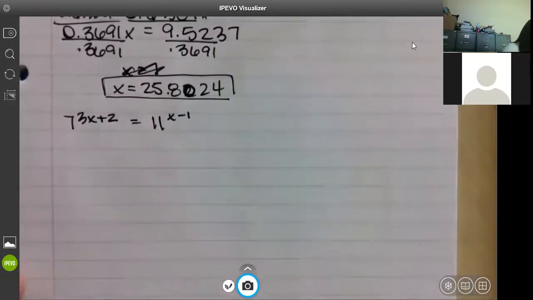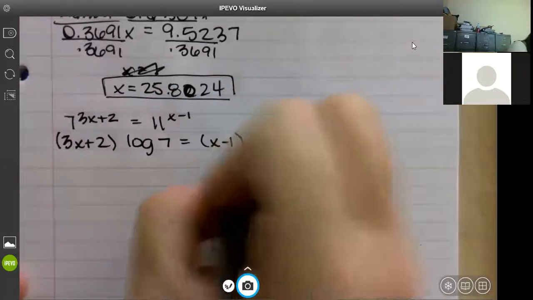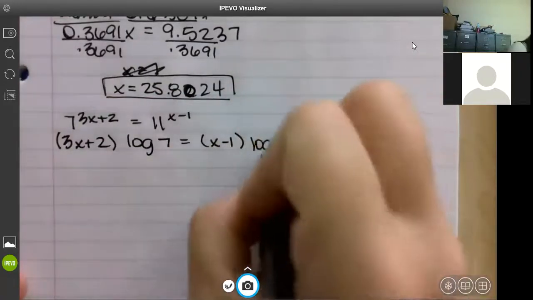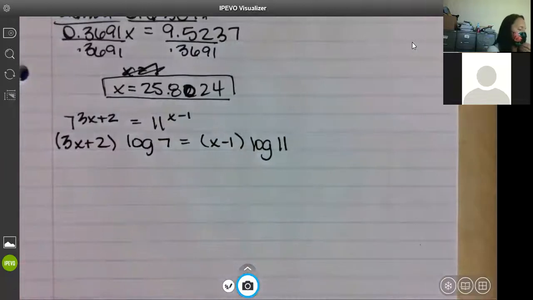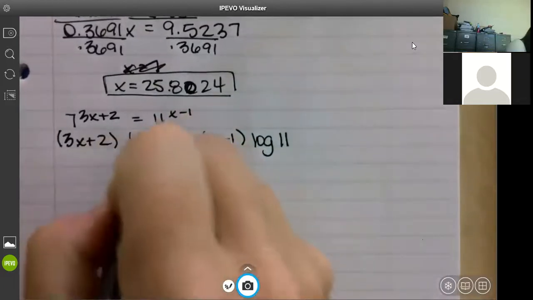What do I do? Exponents in the front, log 7, exponent in the front, log 11. What do you do now? You can divide by log 7.